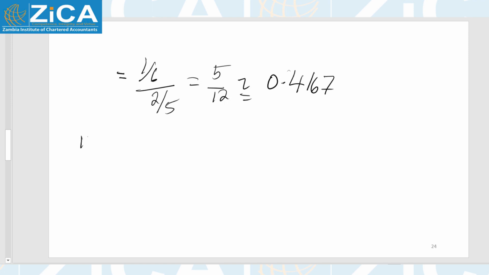In part 3, you are asked, are A and B independent events? And again here, you are given the definition.